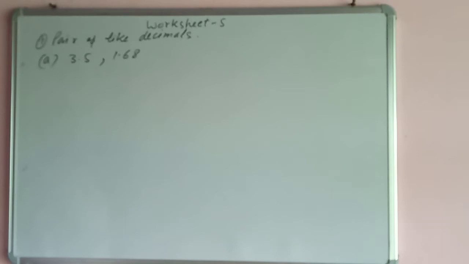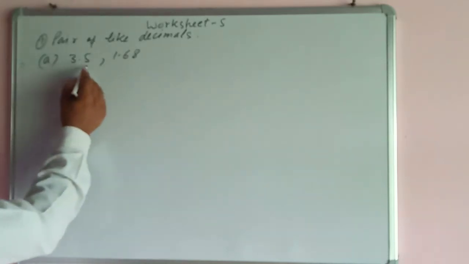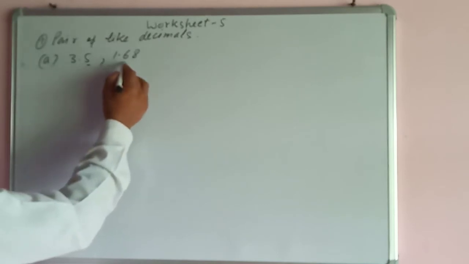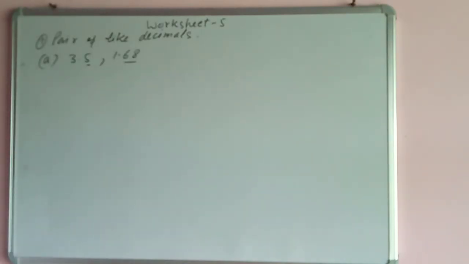To check whether they are like or unlike, we see how many places are in the decimal part. In the first number there is only one place after the decimal, and here there are two places in the decimal part. If the number of places in the decimal part is not the same, then that is called unlike.